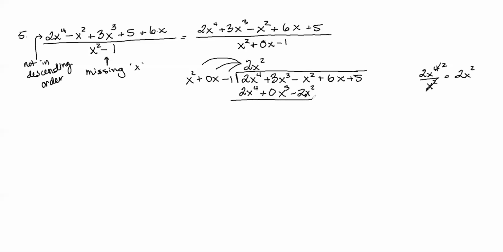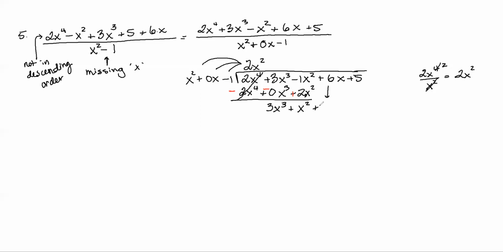And now let's change all of the signs, so minus, minus, plus, and add straight down. First ones cancel. 3 minus 0 is still 3x cubed. See how it's really important that we had that term so we don't lose that 3x cubed. And then -1 plus 2 is a positive 1x squared.